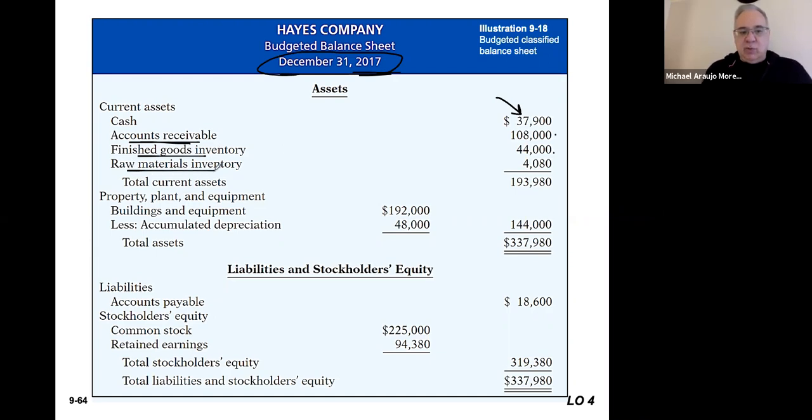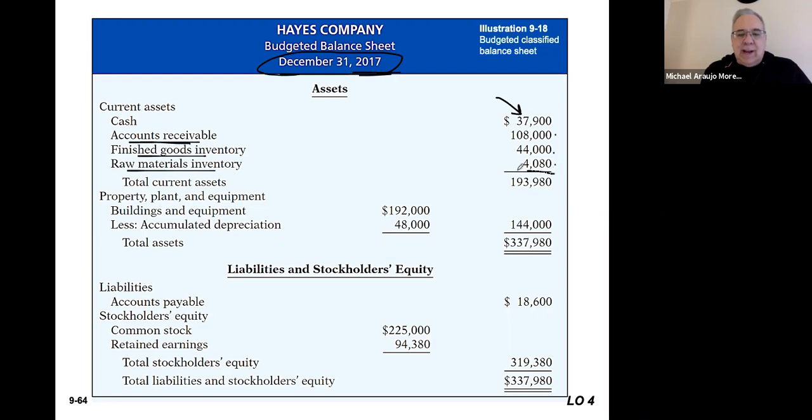When you looked at your raw materials budget, you also saw that there were 1,020 pounds of raw materials left over. And these pounds cost $4 a piece. So $4 times 1,020 pounds gives you raw materials of $4,080.